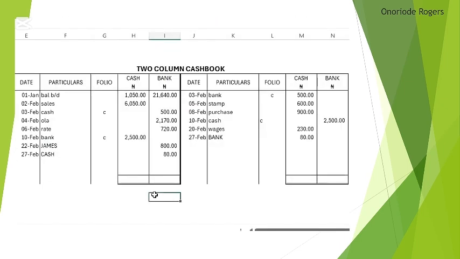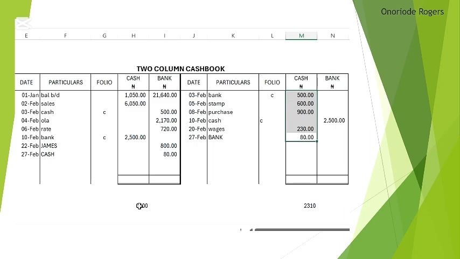So now let's balance the account. Let's check what we have on the debit side of the cash book. We have 9,600. Like I told you, add them up and write it outside first. Here we have 2,310.